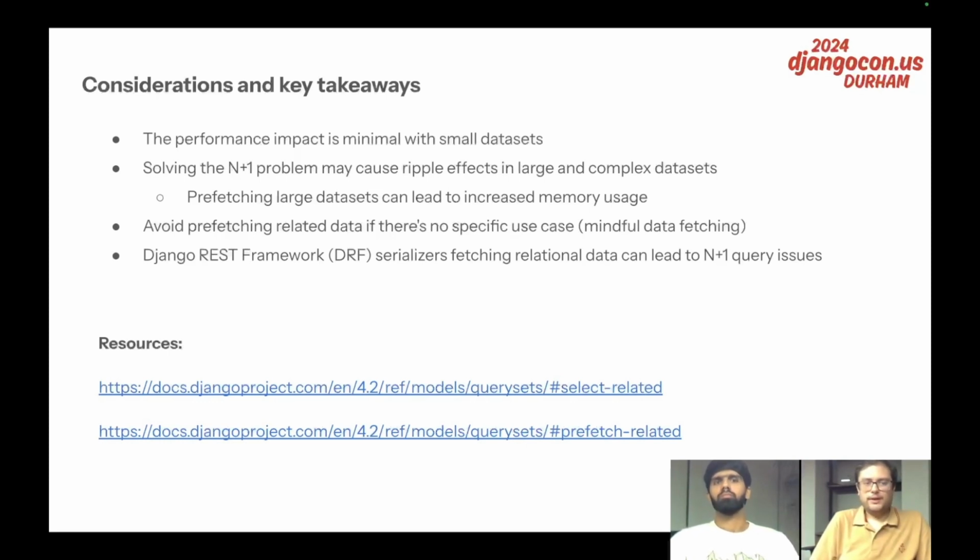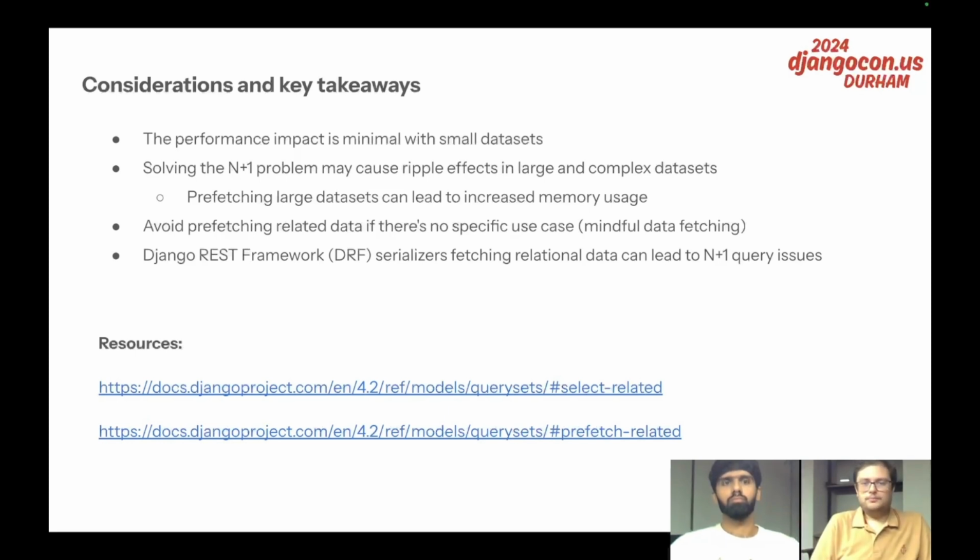And solving the N+1 problem in large and complex data sets can sometimes cause ripple effects. For example, prefetching large data sets can lead to increased memory usage. So it's important to be mindful of this trade-off, because if we have increased memory, users may face server crashes, or server performance might take a hit.